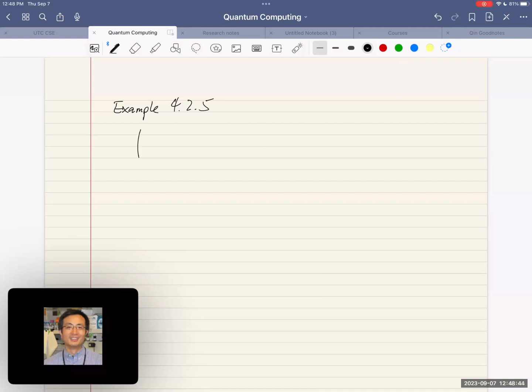So in this case, psi is, and omega is, okay. So that's 4.2.